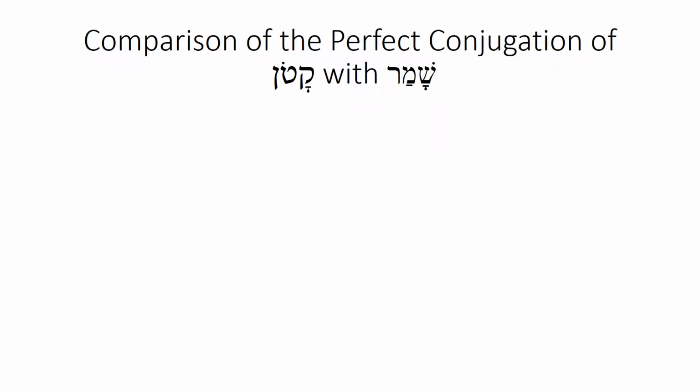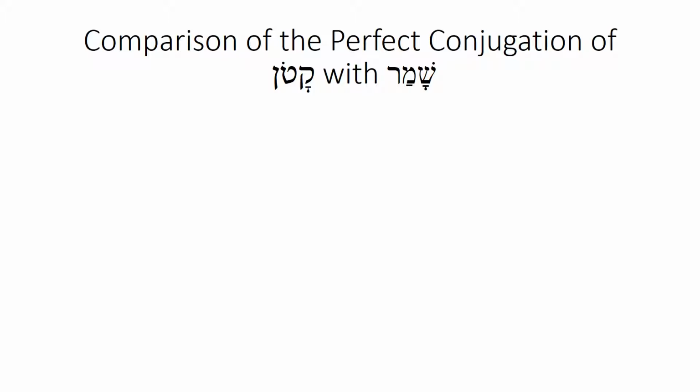Okay, let's look at the perfect conjugation now. We'll compare again shamar, our A-class vowel, with katon, our O-class stative verb, in the perfect. And what we'll see here in the perfect is that with the O-class vowels, the O is maintained throughout the perfect conjugation.